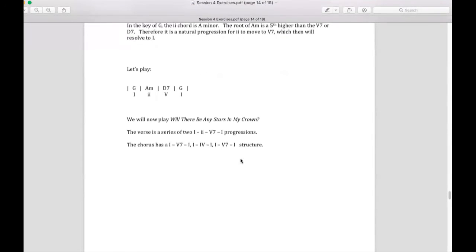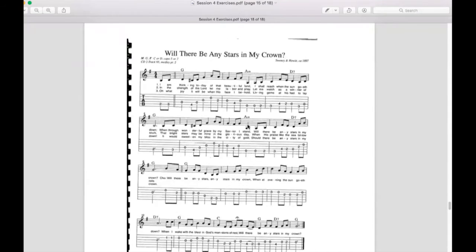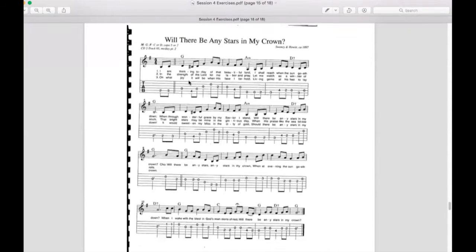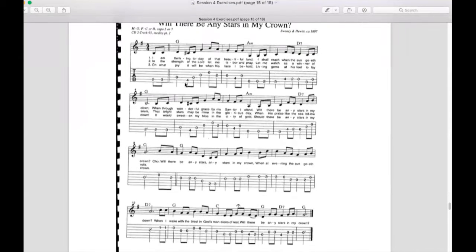So we're going to play Will There Be Any Stars in My Crown? The verse is a series of 1, 2, 5, 7 progressions in G. And then the chorus goes 1, 5, 7, 1, 1, 4, 1, 1, 5, 7, 1. So we'll look at that. Oh boy, that's too small for me to even read the verses, so I may just play it. All right, so here's 1, G, 2, A minor, 5, 7, 1.